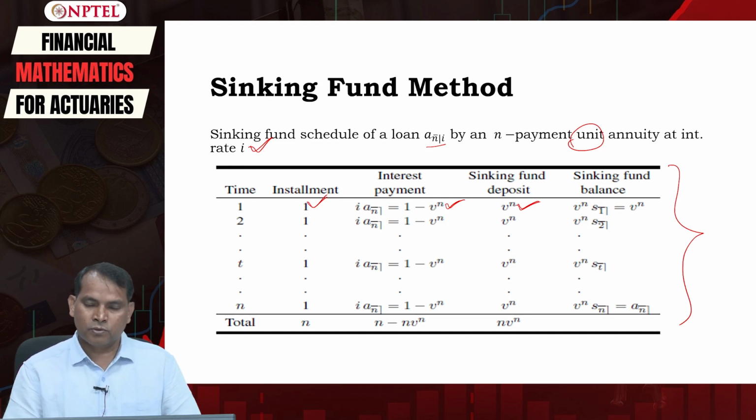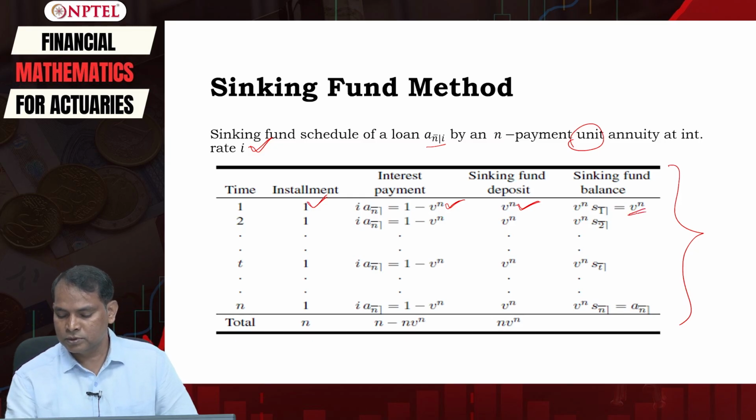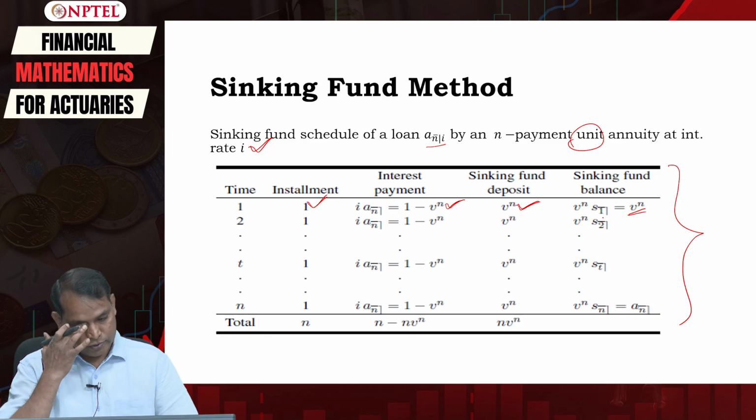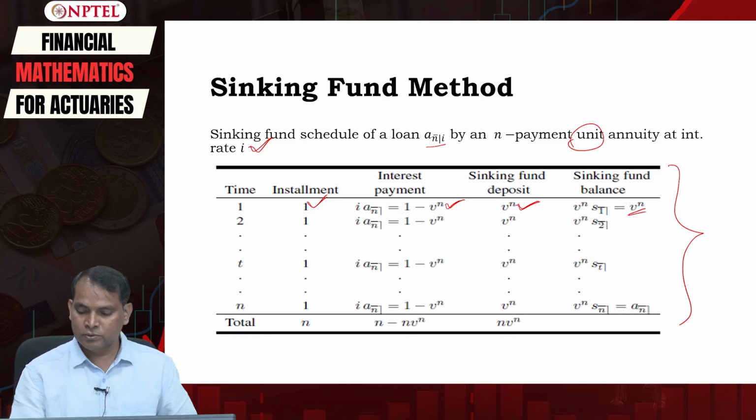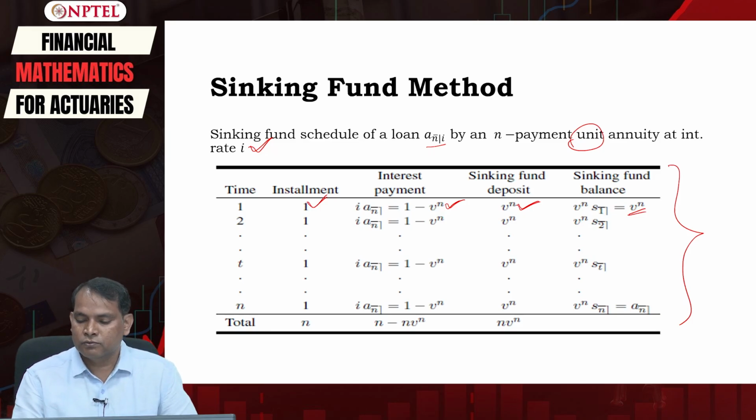This is the loan amount divided by the accumulated value in the first year, that will be the same as V to the power N, which is equal to S angle 1.